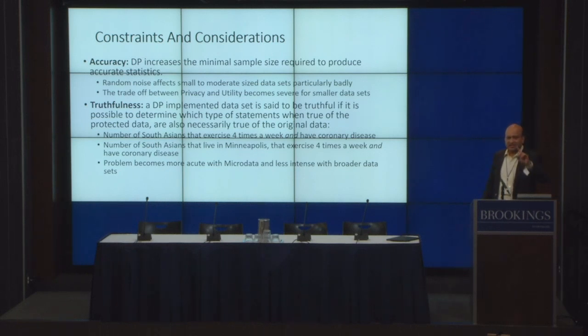The answer to that is yes, if you're generally making a statement about South Asians. But if you're making a statement about South Asians that live in Minneapolis, that exercise 4 times a week and have coronary heart disease, maybe not. As you start increasing the dimensionality of that microdata, the truthfulness will suffer. You can have lots of privacy, low truthfulness, or you can have lots of truthfulness and low privacy.